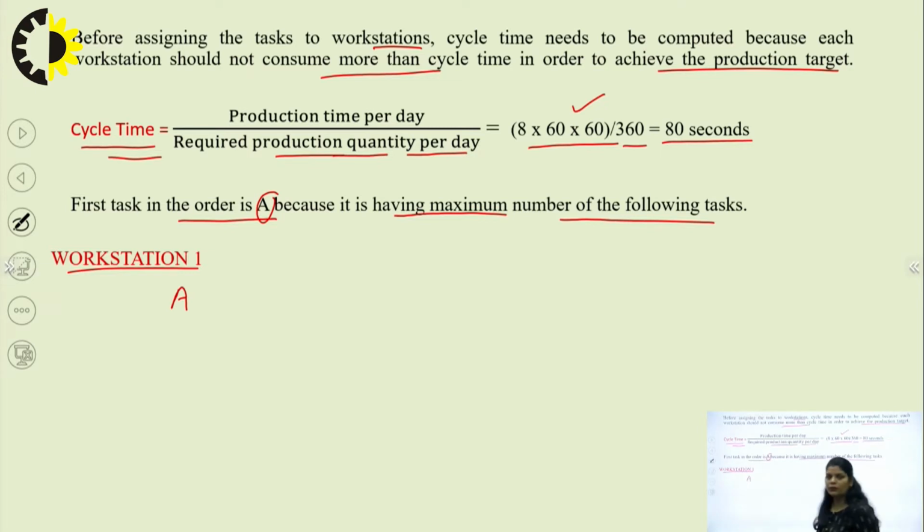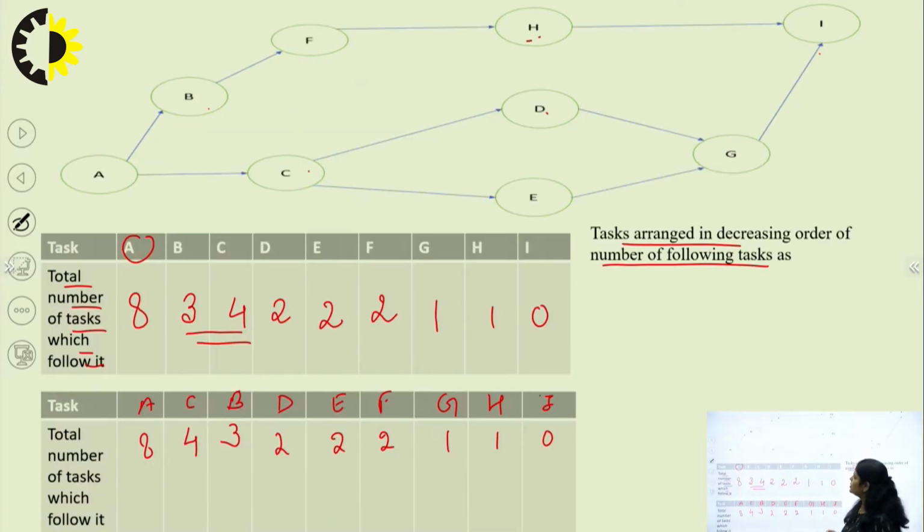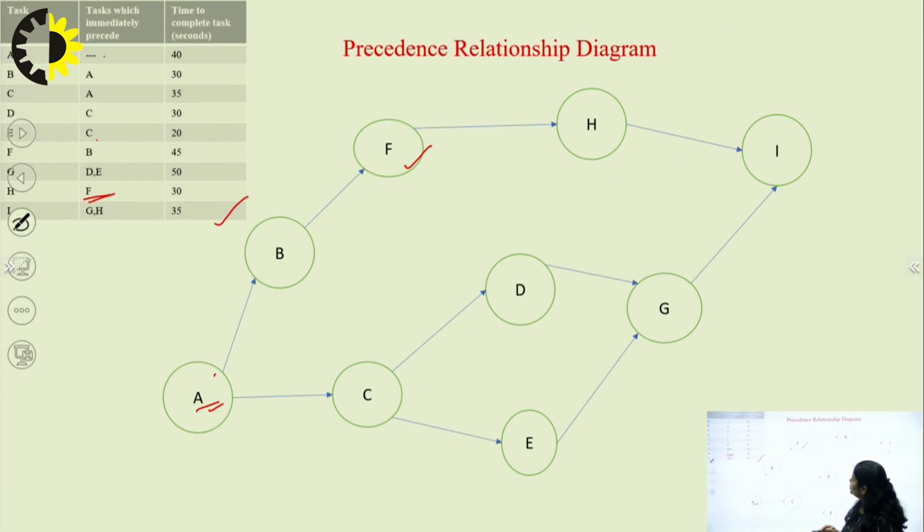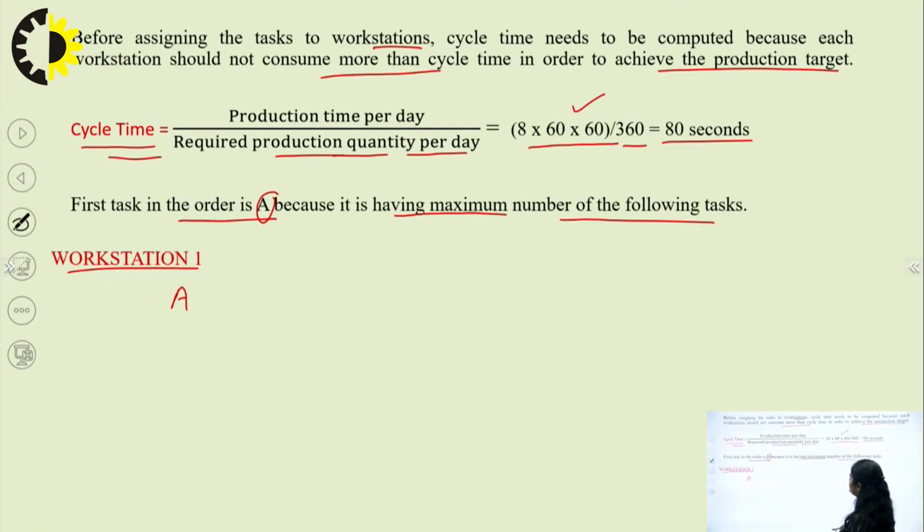And from the previous table, we can see that the time to complete the task for A is 40 seconds. So we will use this 40 seconds here. A is taking 40 seconds to complete the task, but the cycle time is 80 seconds.